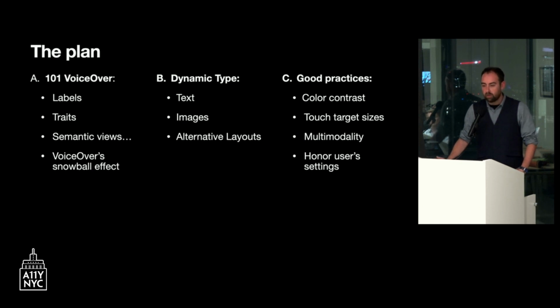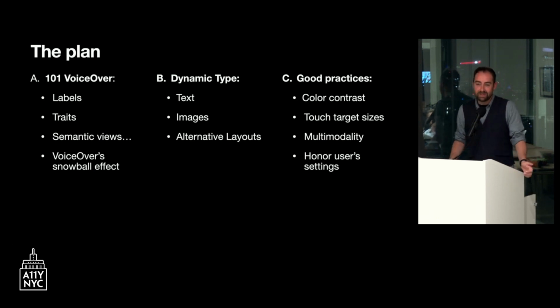Dynamic type is another one that is super important because it has, as we've seen, design considerations, and it's one of those things that if you do right from the beginning, it's not that difficult. But if you suddenly want to adapt a whole app to use large text sizes, then it becomes a complete nightmare, and that is when accessibility sometimes gets this kind of bad reputation of being difficult. And well, it wasn't difficult. It happens the same with testing, right?